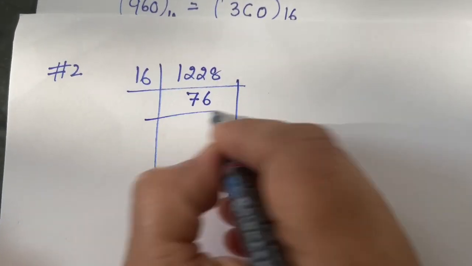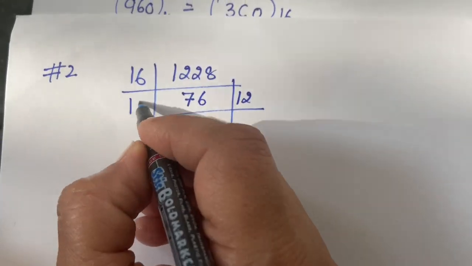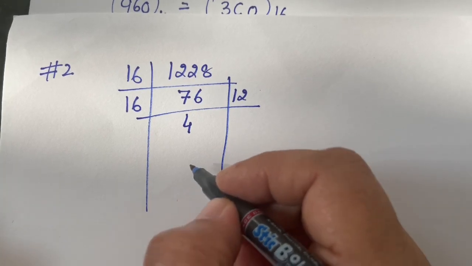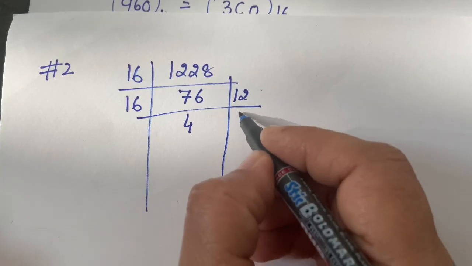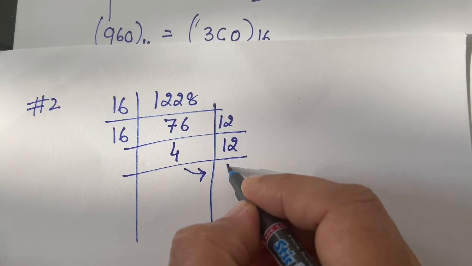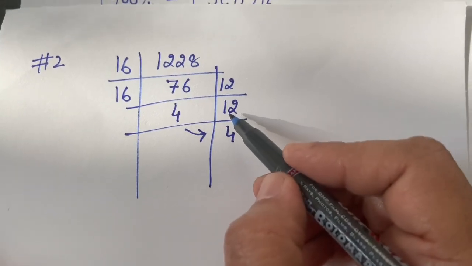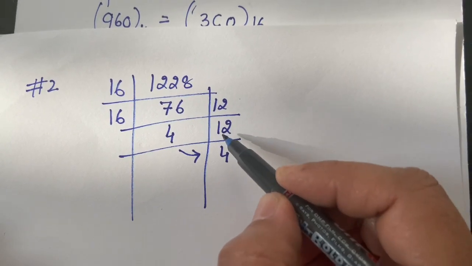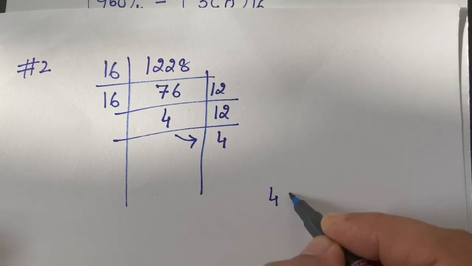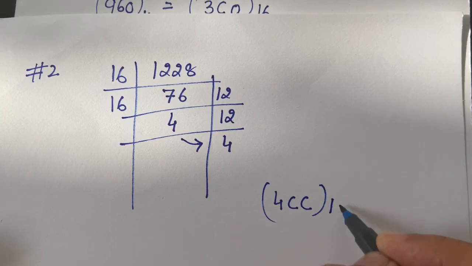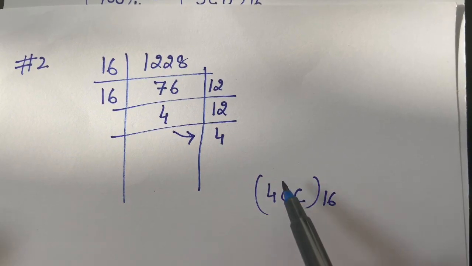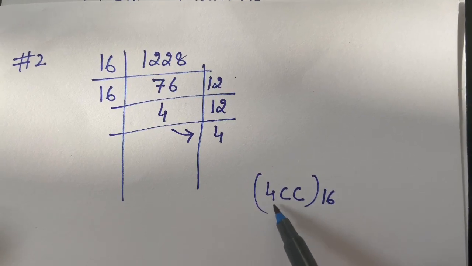So we will get remainder 12. 16 fours are 64, and the remainder we will get is 12. So this cannot be further divided. So we are writing 4 here. As you know, 12 cannot be written in this way. So in place of 12 we write C. The answer is 4CC. When we convert the decimal number 1228 into hexadecimal, we will get the number 4CC.